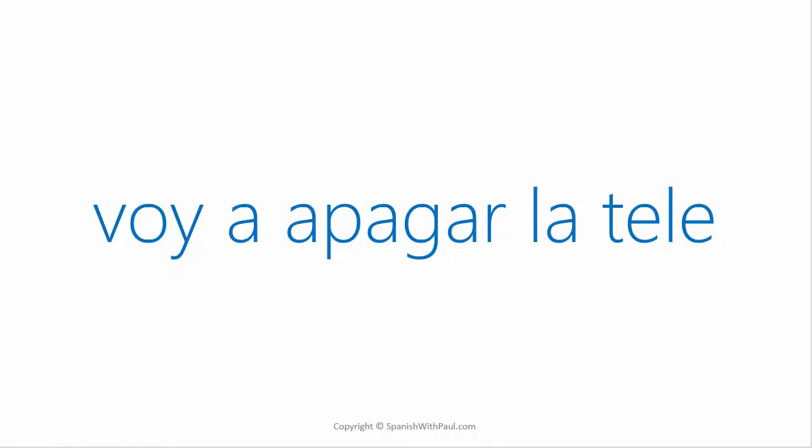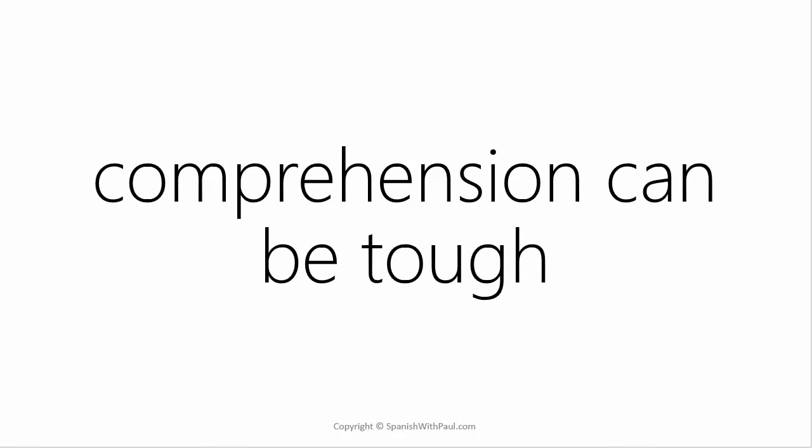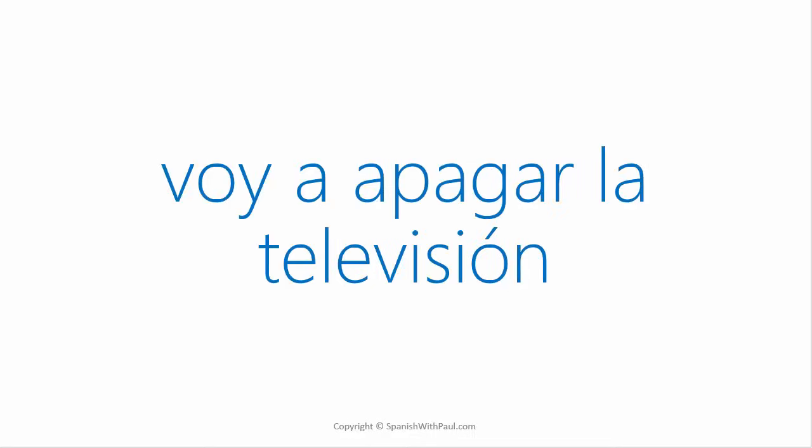Now here we have an excellent example of why comprehension can be tough in Spanish. This sentence, voy a apagar la televisión, is kind of like the course book student version that you'll learn in typical Spanish courses, where everything is laid out exactly as it should be.